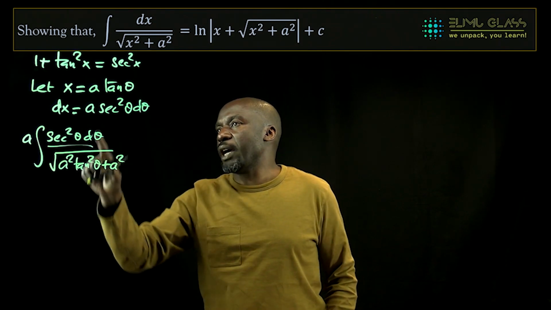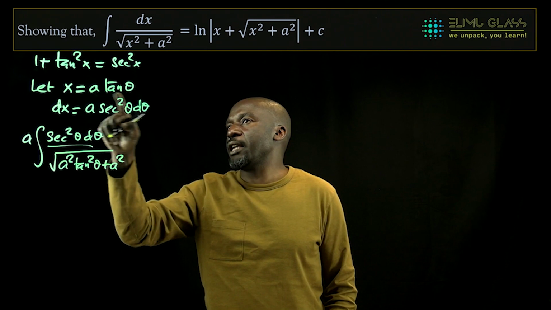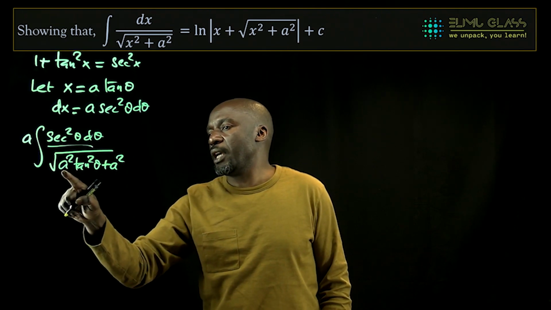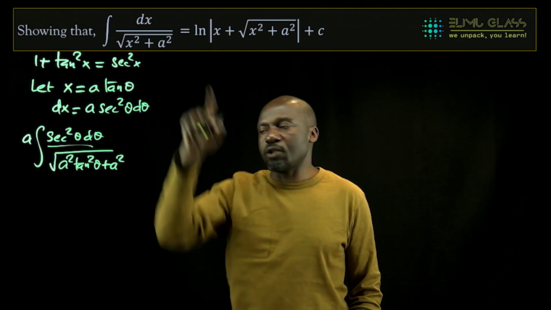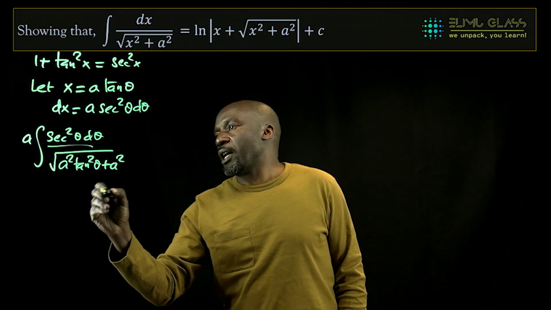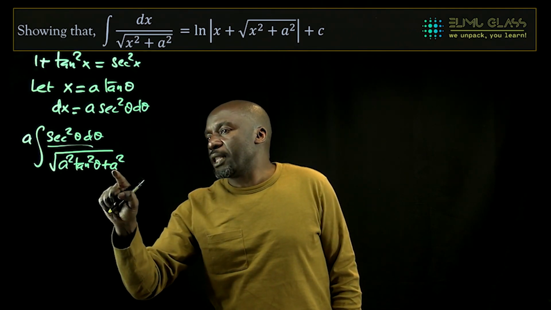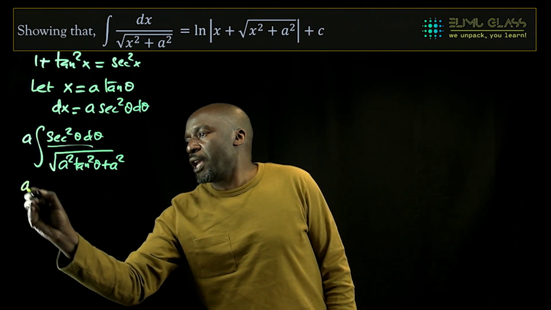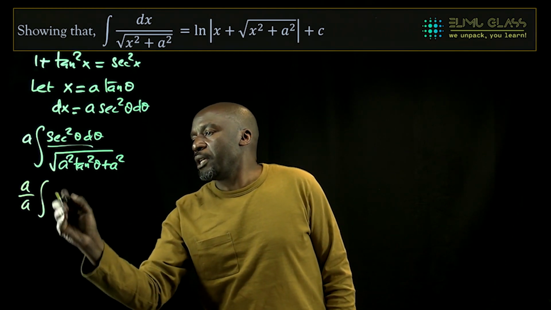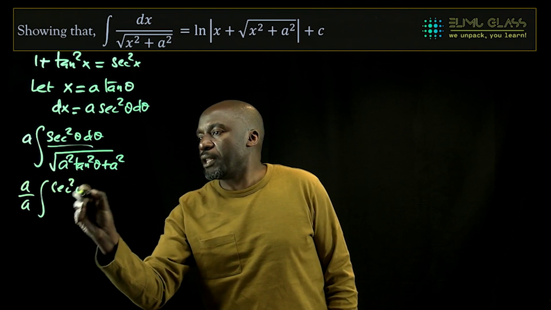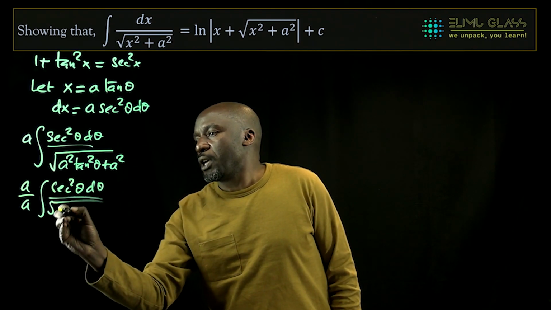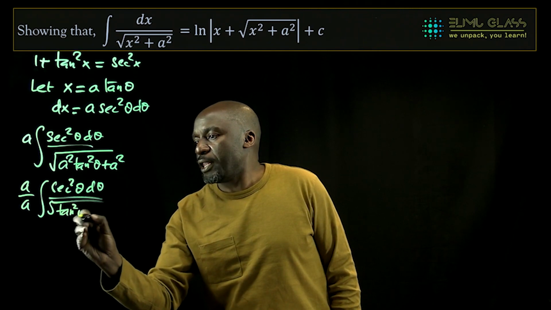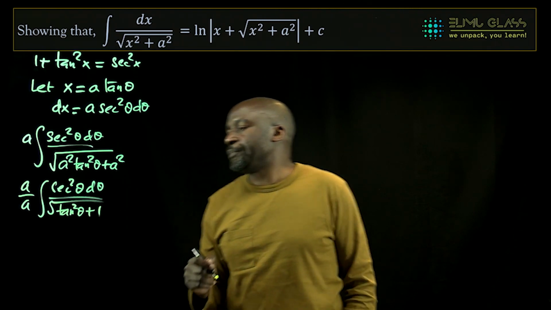Now you can see why I chose the substitution of a tan theta, because I end up with a squared here, which I can factorize with the original a squared that was there. So if I take this a out, I end up with a divided by a, integral of sec squared theta d theta over root of tan squared theta plus 1.